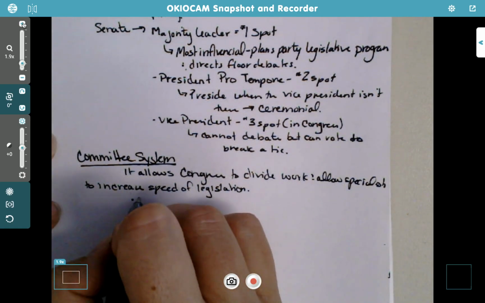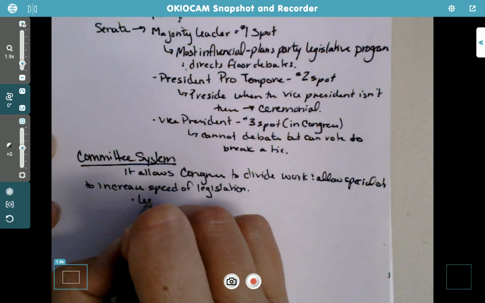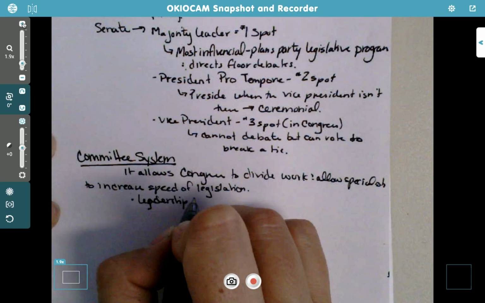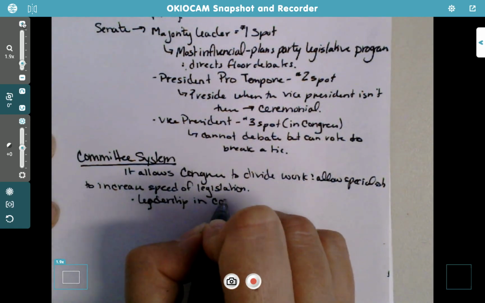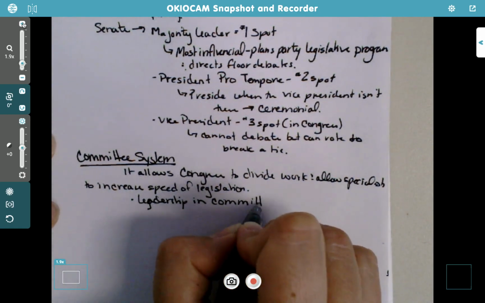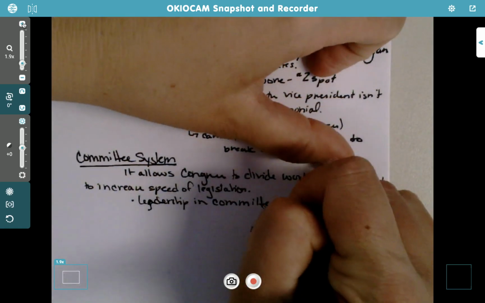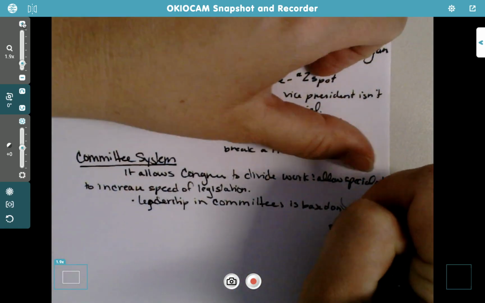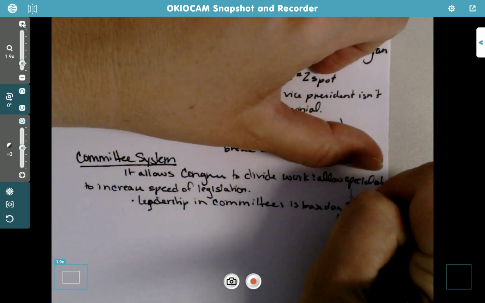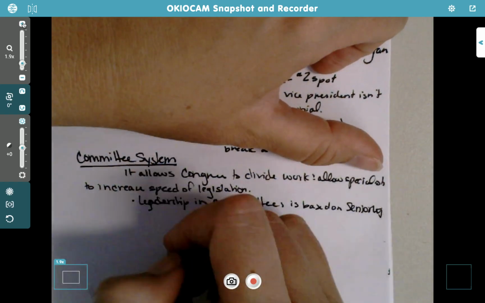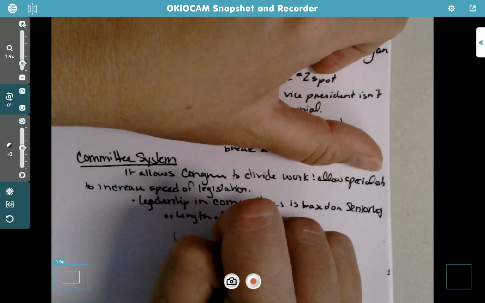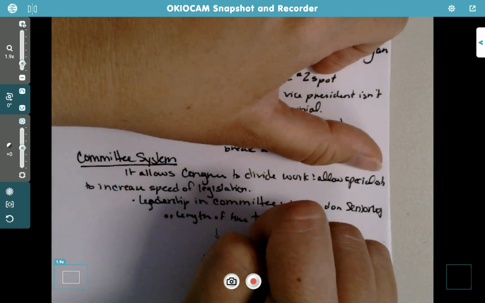Bullet point, legislation leadership is in committees. Is based on seniority or length of time there.